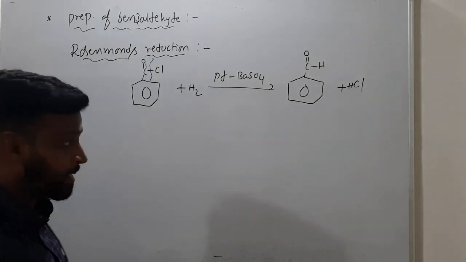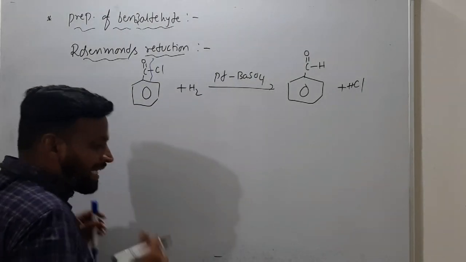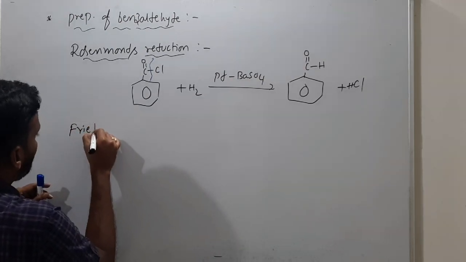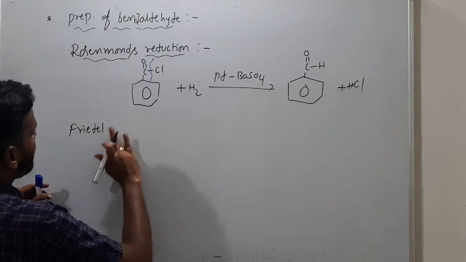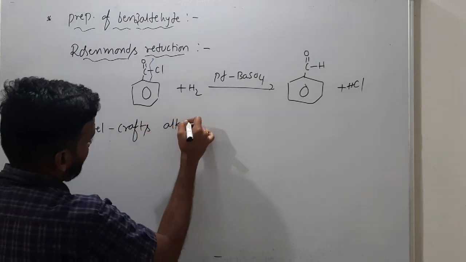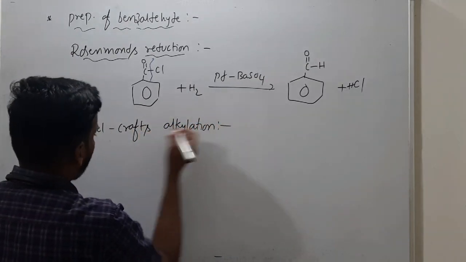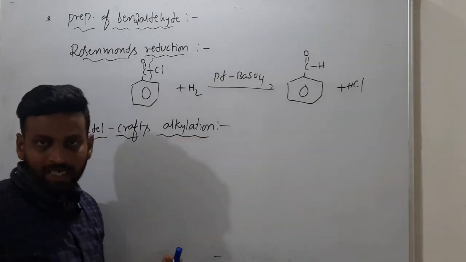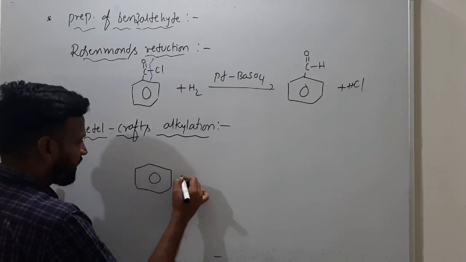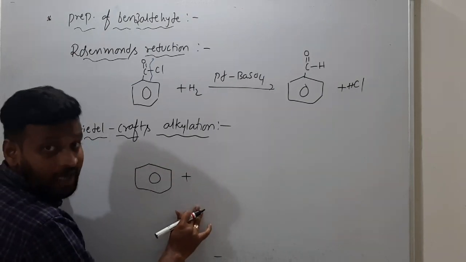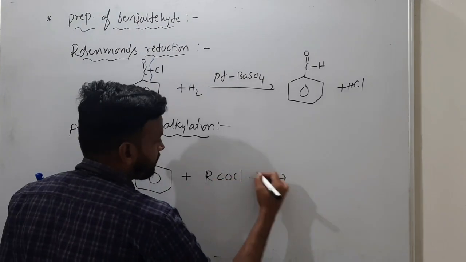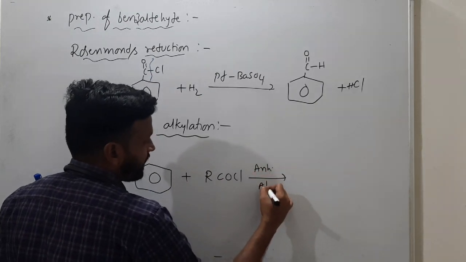Benzaldehyde is the product. Only, sir, I want a ketone. What to do? Do you remember Friedel-Crafts acylation? Benzene reacts with acid halides, RCOCl, in presence of anhydrous AlCl3.